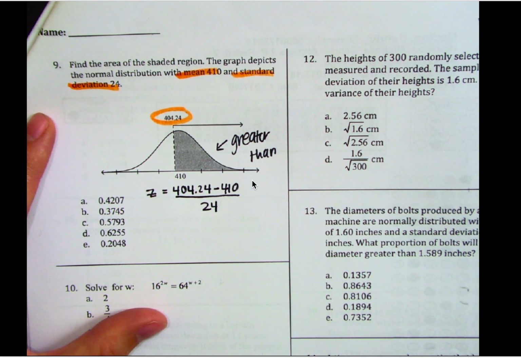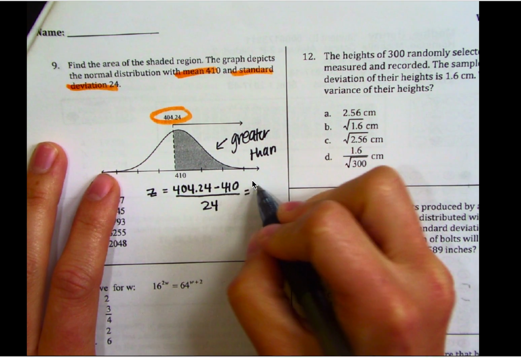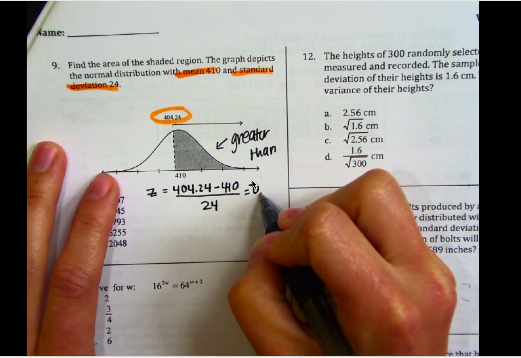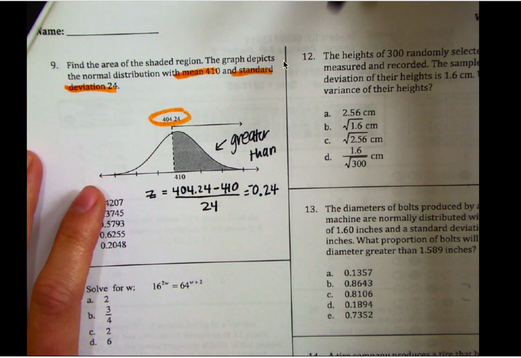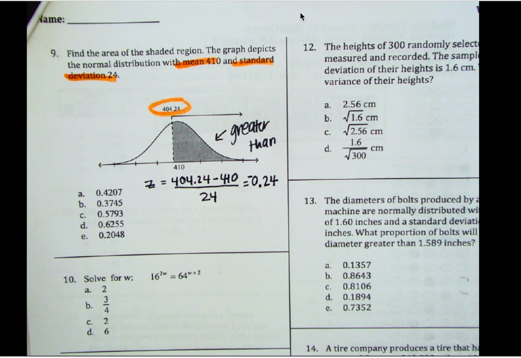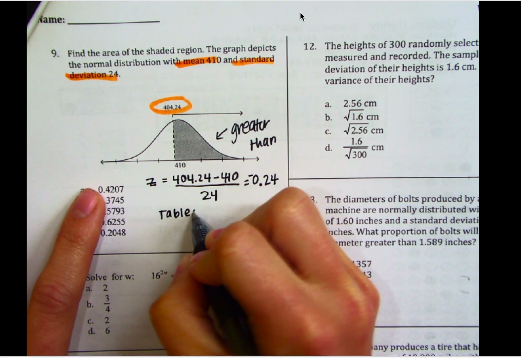When we do that in the calculator, we get negative 0.24. All right, so negative 0.24, we are going to look that up in the table to find the area.